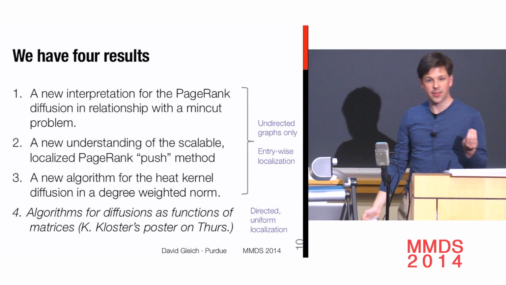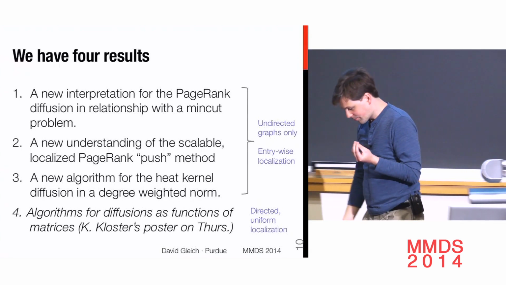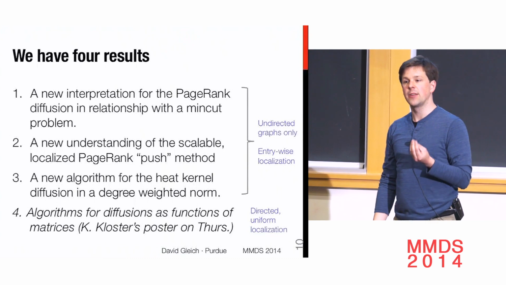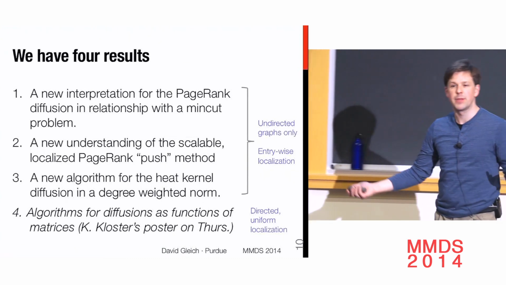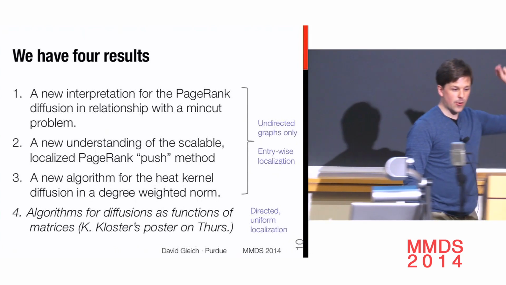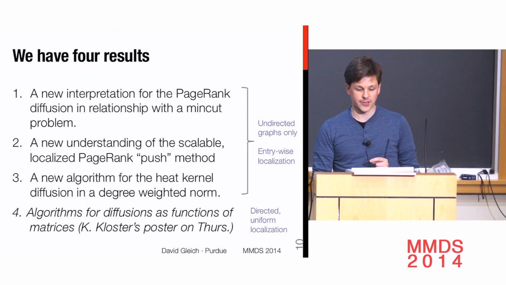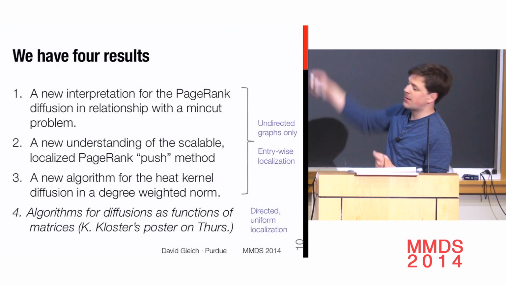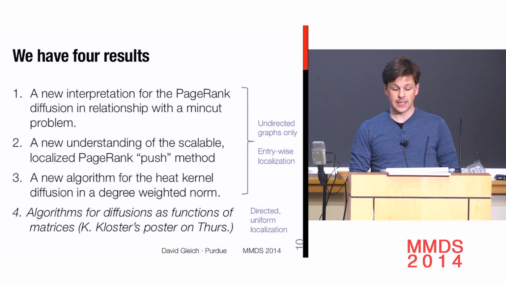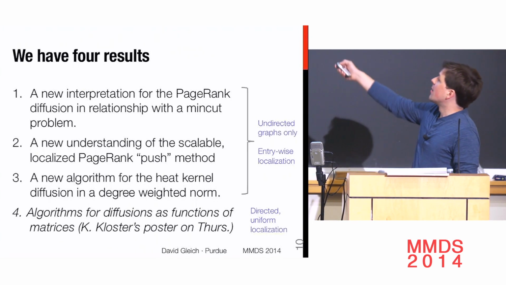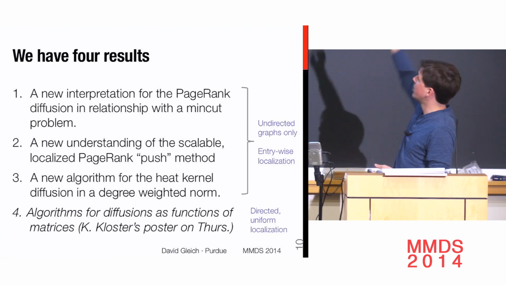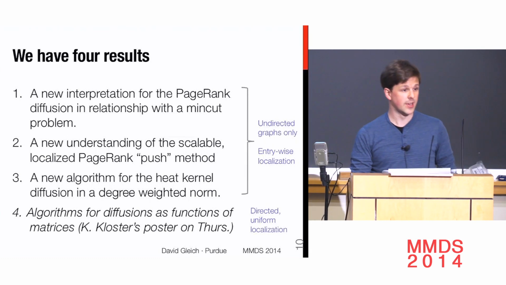This is a method that's been known to give an entry-wise localized solution, but it wasn't really clear exactly what it was doing. It had a tolerance parameter that people would set to 10 to the minus 3, and it would give you localized solutions. We're going to give a much more refined analysis of that. And then we're going to take the same ideas and generalize them to the heat kernel as well. For more about uniform localization, please do see Kyle's poster on Thursday.